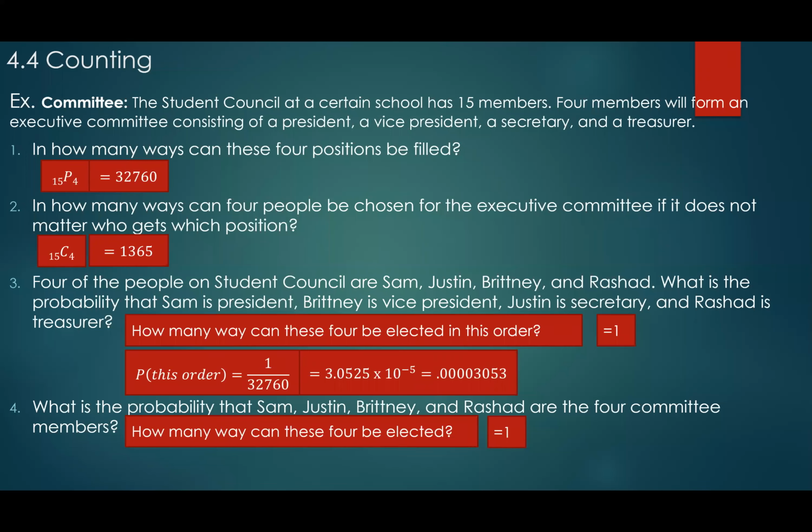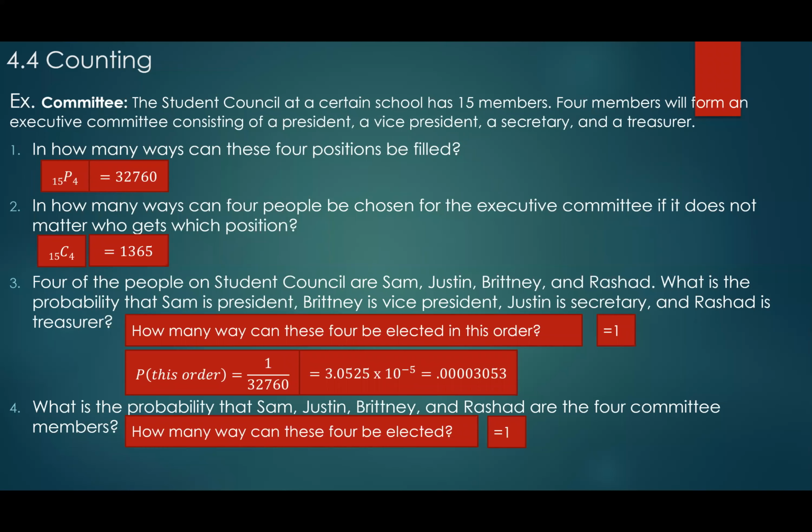Yes, Sam can be president, Brittany can be vice, Justin can be secretary, Rashawn can be treasurer, or vice versa. Rashawn can be president, and however many mix and matches you want to do, that's fine. But there's only one way that these 4 people can be elected to be the committee, which is these 4, that's it. If one of these 4 does not make it into the committee, then that is not this item, okay? So it's not 4 ways, right? It's only one way that we can select these 4 people.